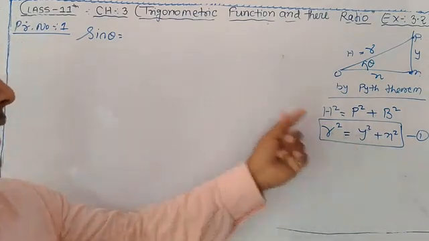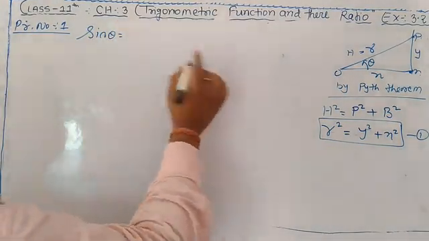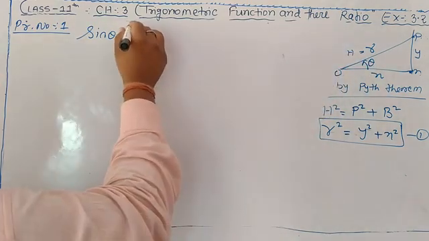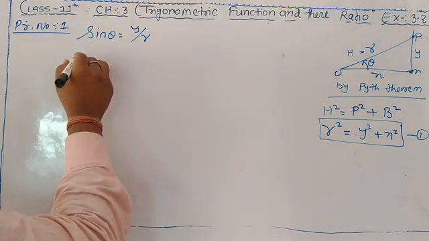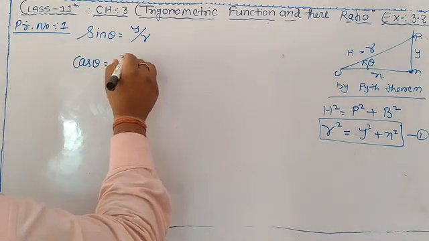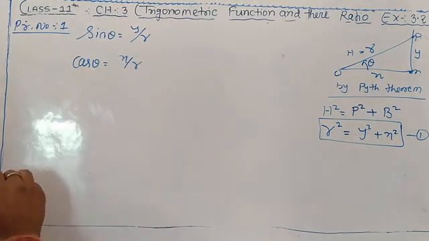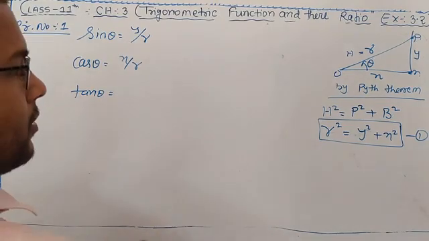This is applied to the trigonometric ratios. Sin theta is perpendicular upon hypotenuse, y upon r, cos theta is base upon hypotenuse, x upon r, and tan theta is perpendicular upon base.